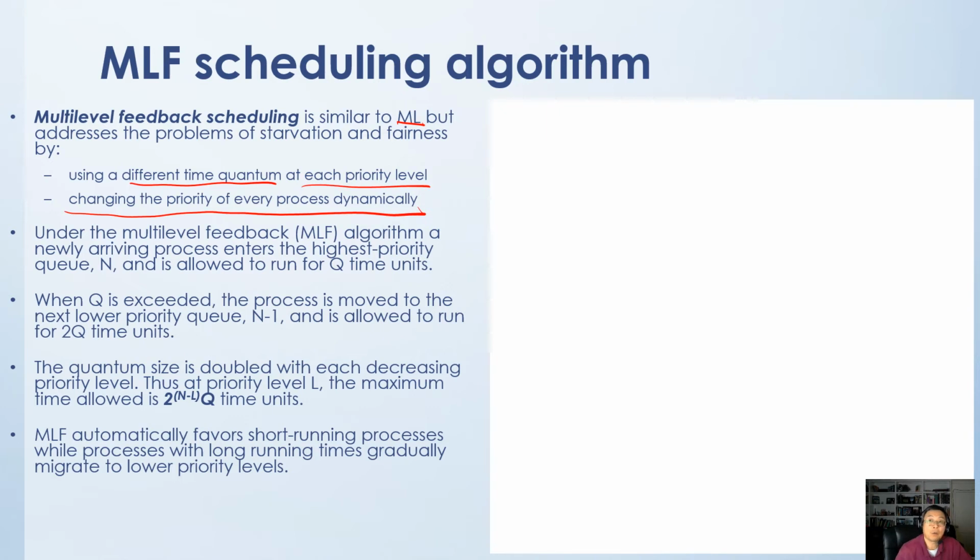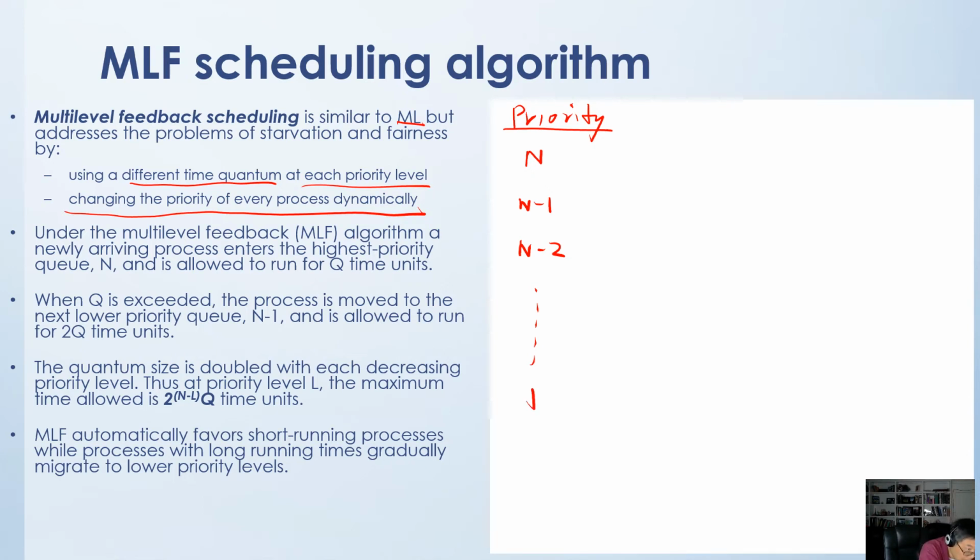So using the multi-level feedback algorithm, you still create different priority levels, just like the multi-level scheduling algorithm. So I have priority n minus 1, priority n minus 2, and I have priority 1, something like this.